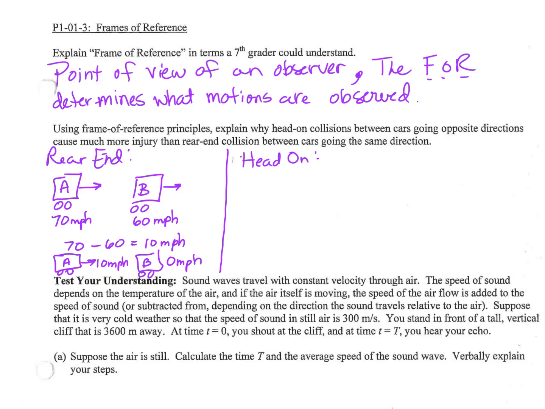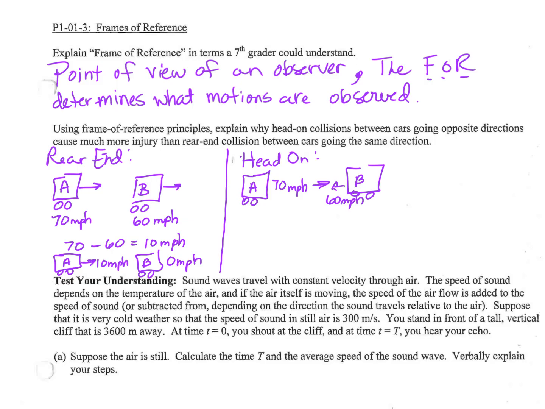Head-on collision, you've now got car A going 70 miles per hour this way, and you've got car B going 60 miles per hour this way. Well, what is the effective speed of the difference between the two?